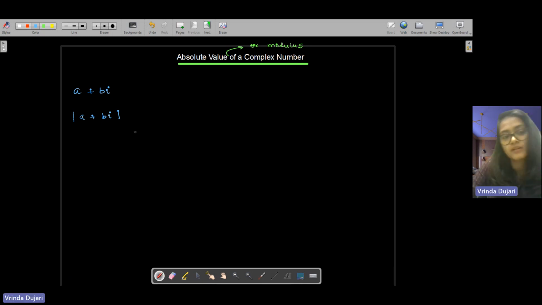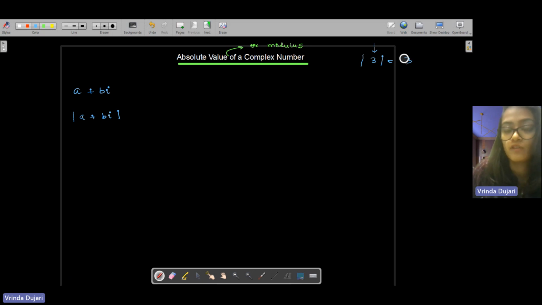So I'm going to explain you. So if you remember, your absolute value of real numbers, in case of real numbers, if you remember its geometrical interpretation, it was nothing but the distance of whatever is inside these two straight lines. So distance of 3 from 0, right?